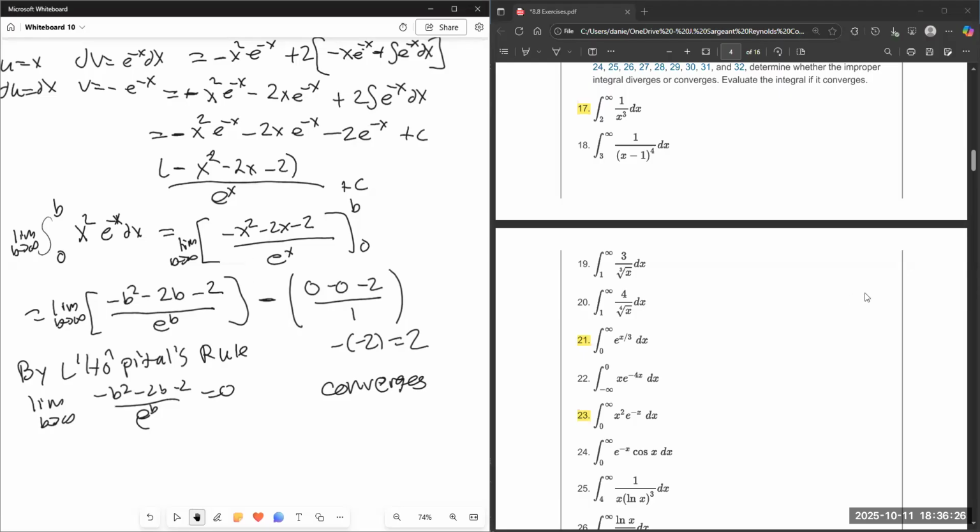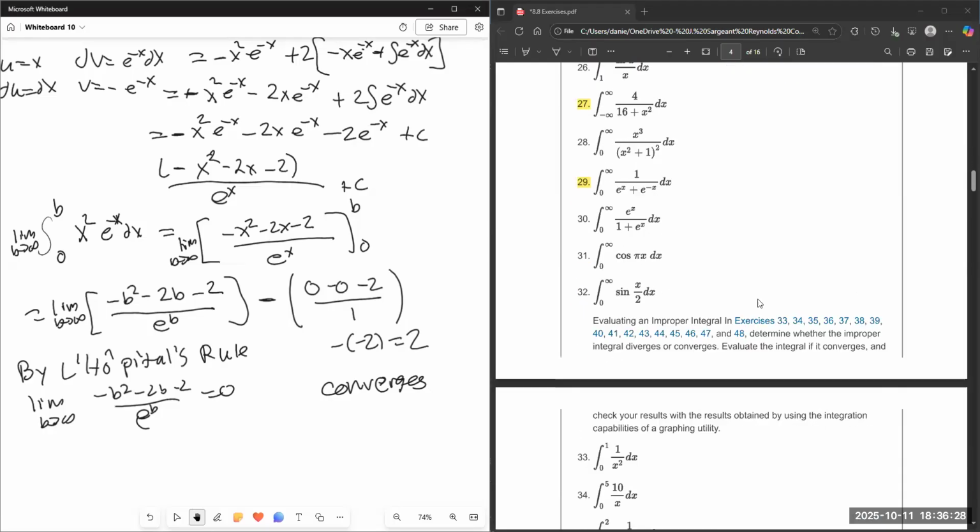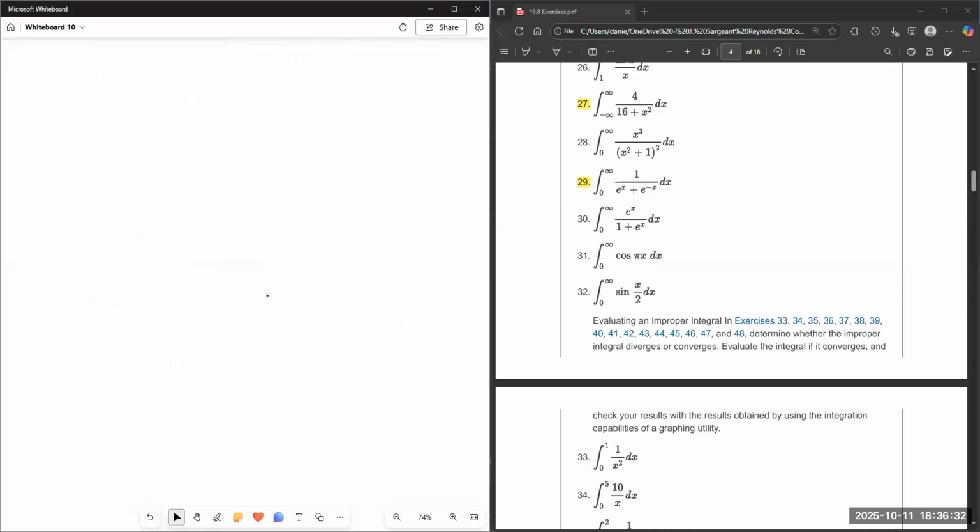Let's look at number 27. Here's the first time that we have infinite limits at both the lower and upper limit.